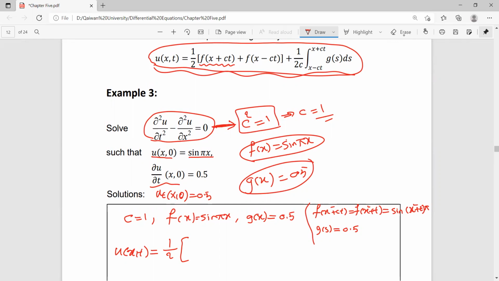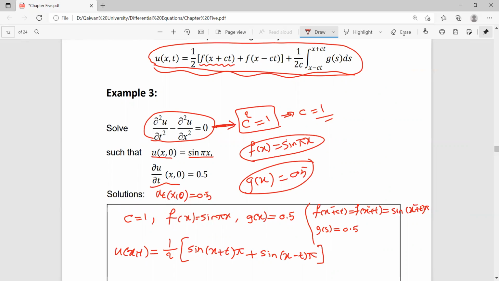So it equals a half of f of x plus ct, which is sine of x plus t times pi, plus f of x minus ct, which is sine of x minus t pi.